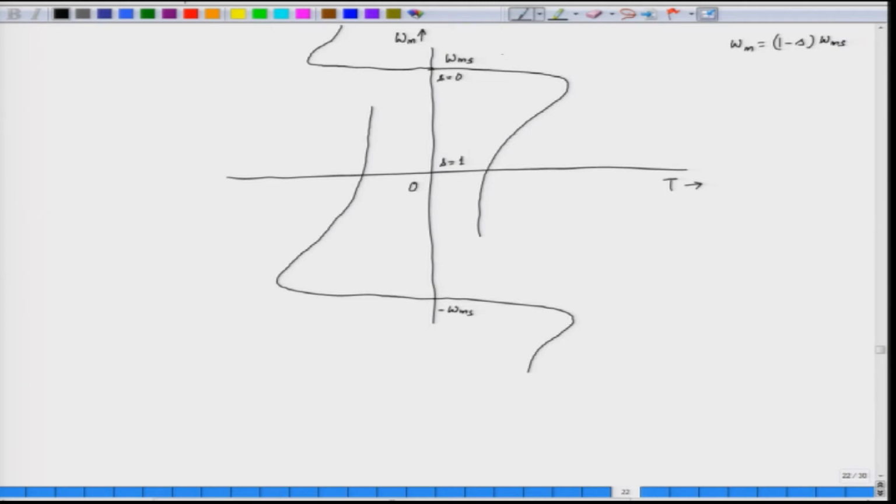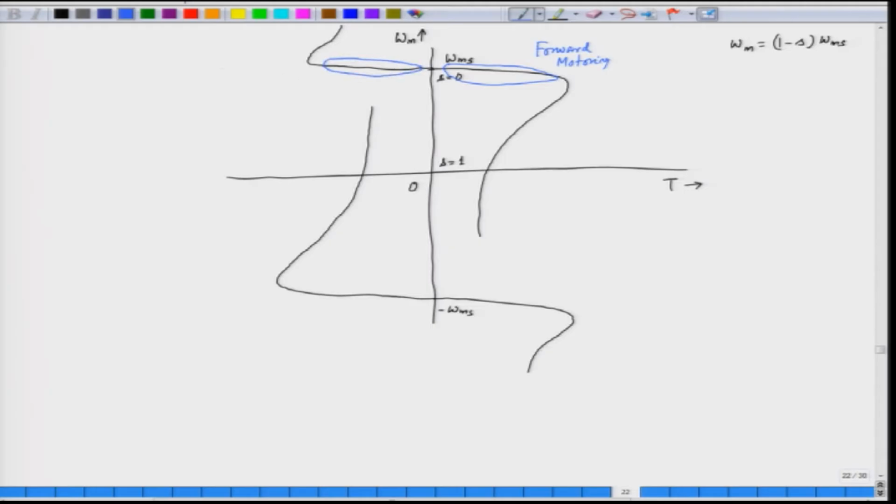So, usually this zone is called forward motoring. Normally the motor operates in this particular region, that is called forward motoring. If we increase the speed of the motor beyond the synchronous speed, we go for generating operation.